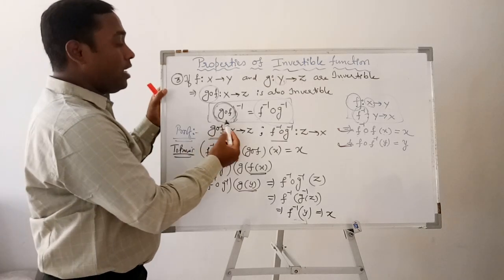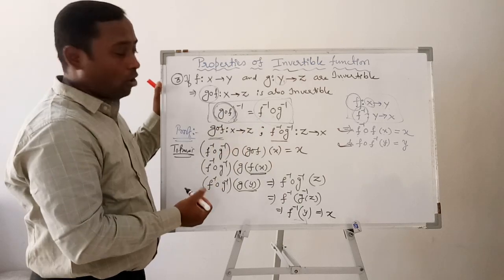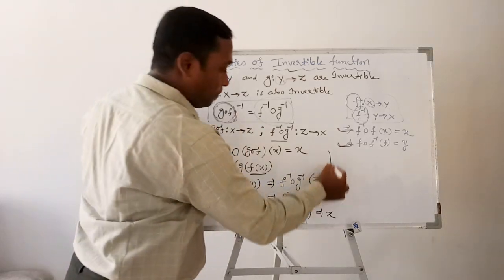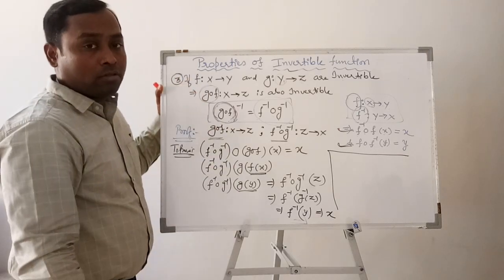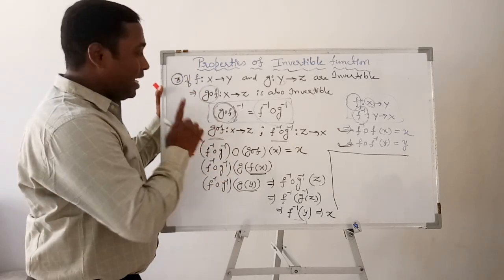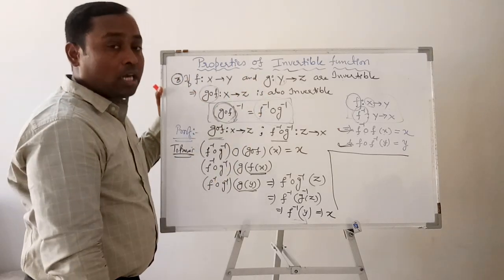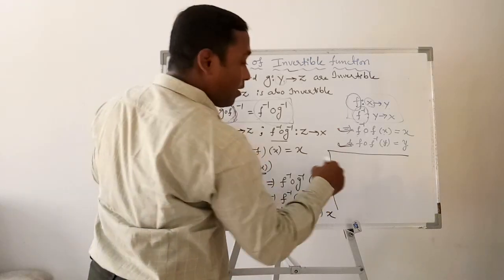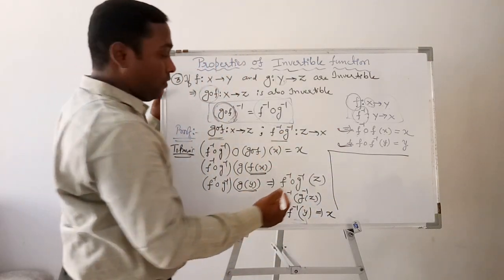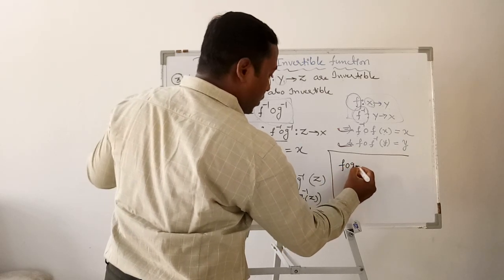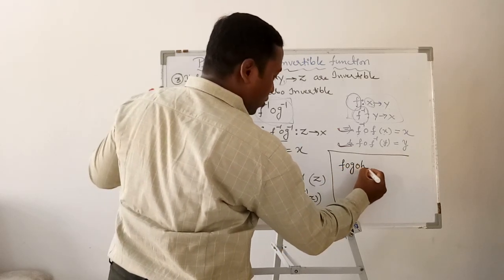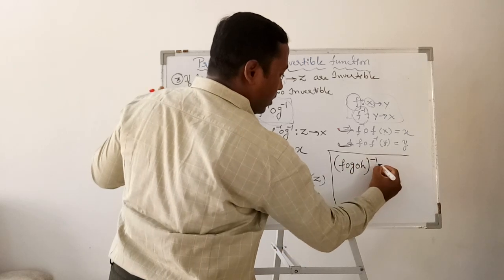You may write a generalized form of this statement. Let us say there are three functions F, G and H which are invertible. So their composition is also invertible. It means (f circle g circle h) whole inverse can be written as how?